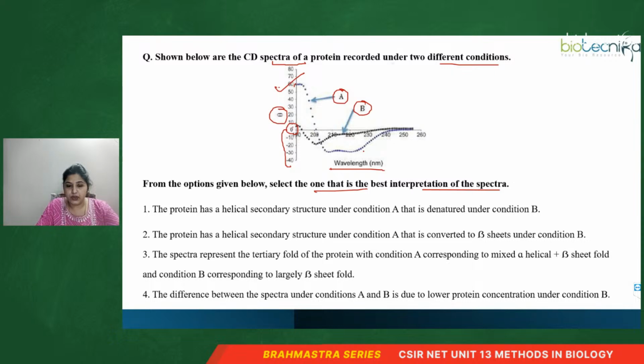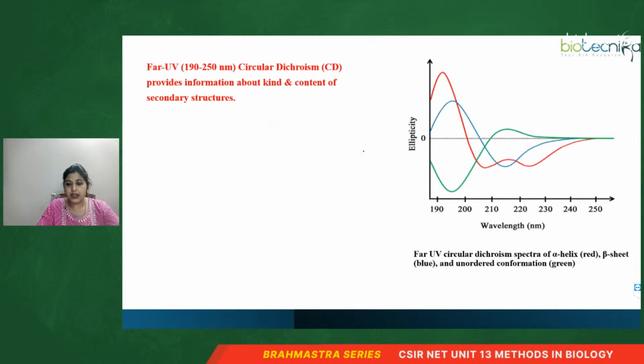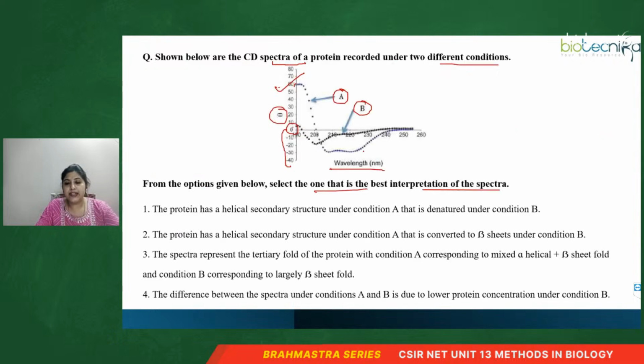Okay. So let me explain to you the strategy of solving such a question. First of all, as you can see here, this question is about circular dichroism spectra, and a spectra is given. You don't have to think out of the box. You have to analyze the spectra carefully, understand it carefully, and then go through the statements one by one.